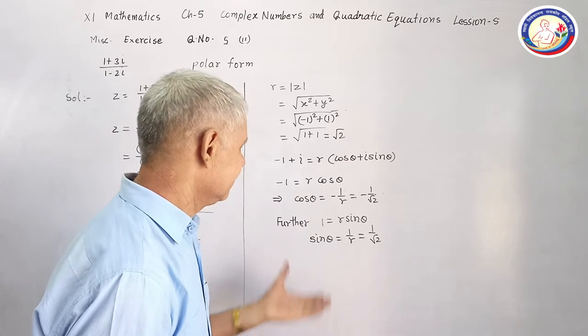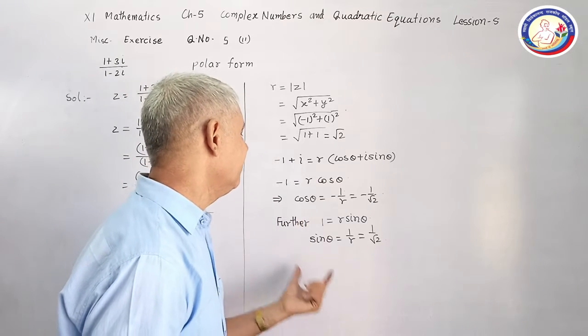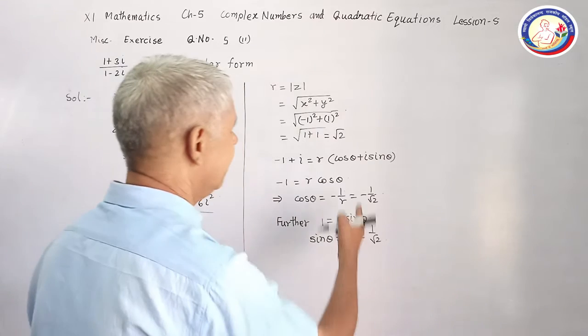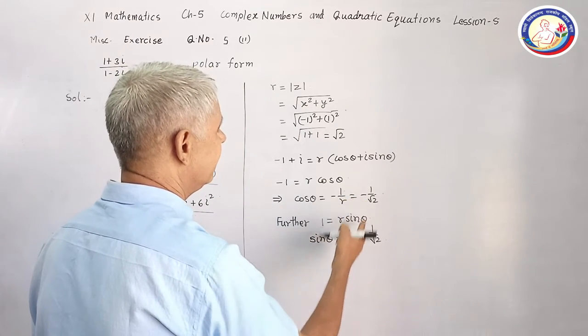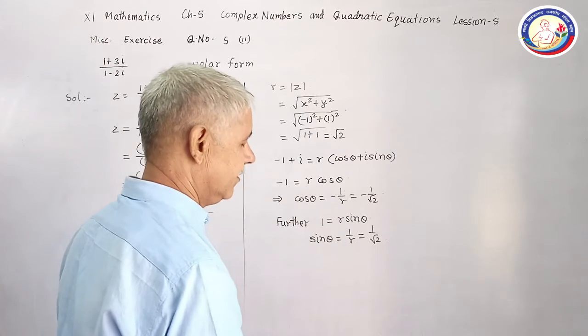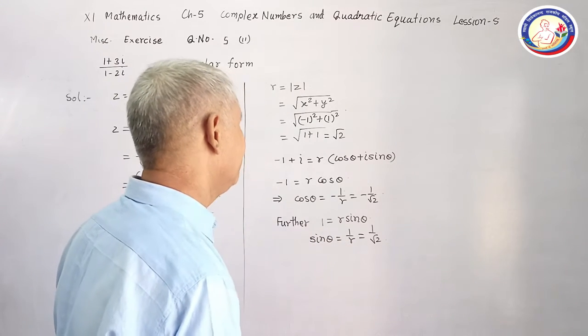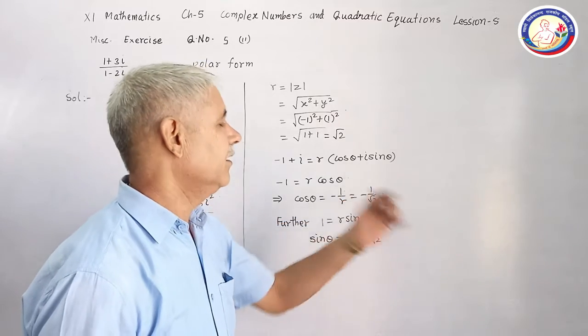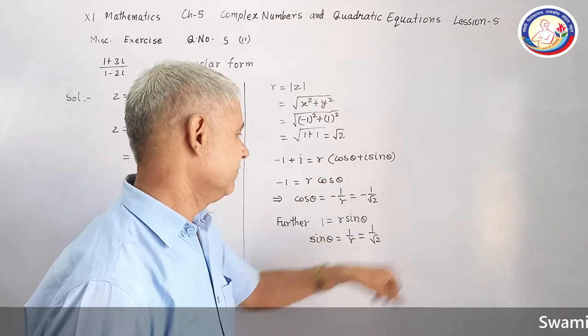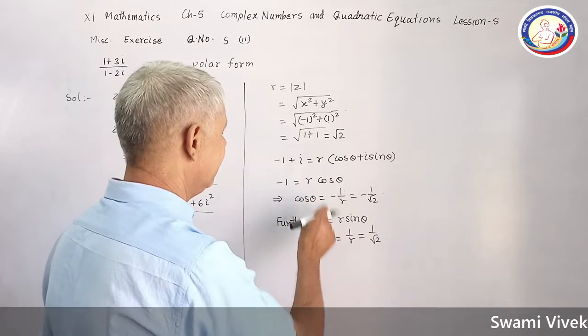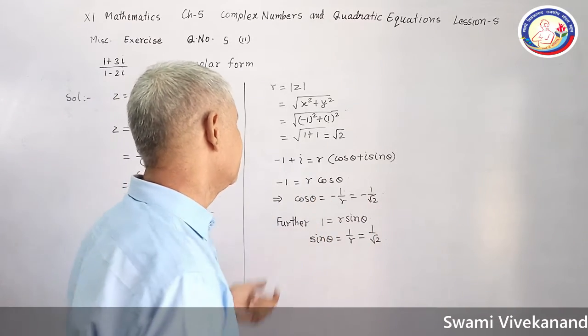But the exact or actual value will be determined by taking into consideration the sign here. Cos is negative and sine is positive. In the previous lesson I explained it in another way. Today I am explaining it with sine and cosine, not taking tangent.